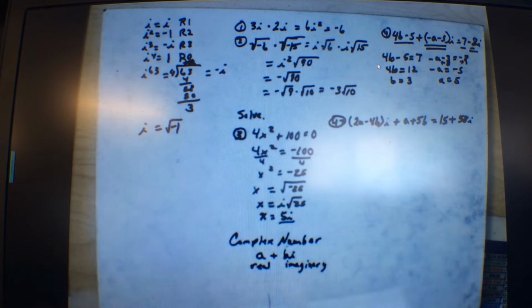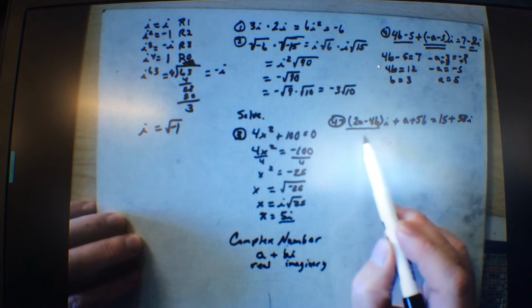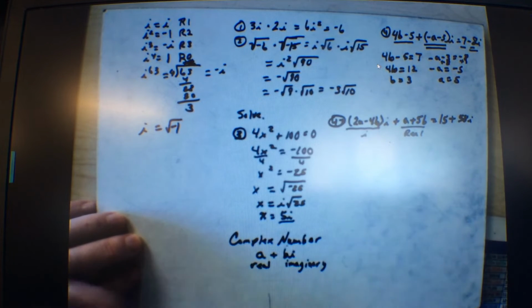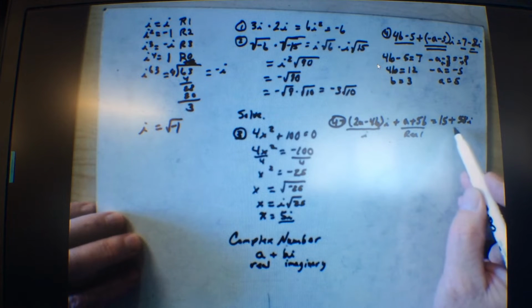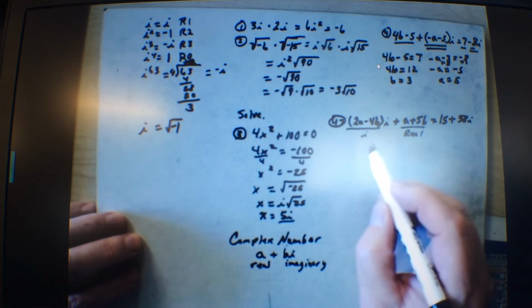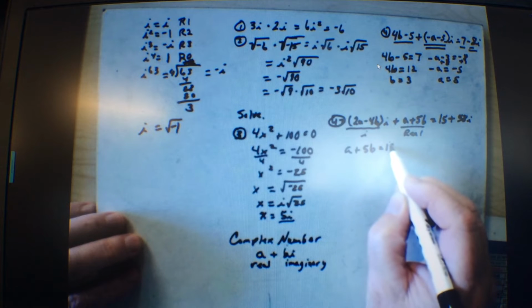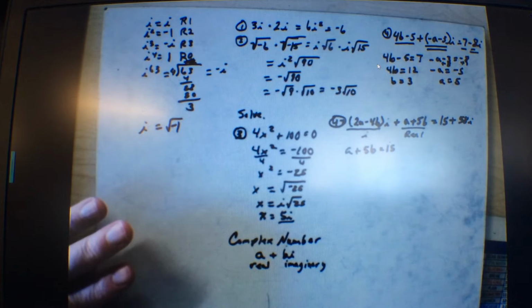You'll notice that this is switched around. This is the imaginary part and this is the real part. It's hard to catch at first. And this one's in the right order. Normally we have the real part first and then the imaginary. So what happens is the a plus 5b equals 15. So the second part of the first one equals the first part of the second one.